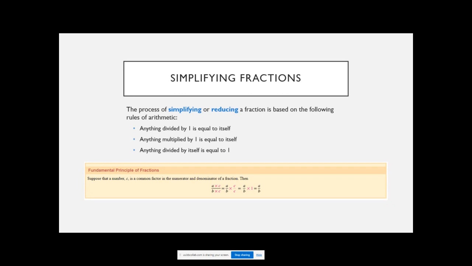So basically you have some fraction, like, I'm just going to make up some numbers here, like if you have 6 over 12. The principle of fractions says you rewrite this so that you're multiplying these numbers by the same thing.